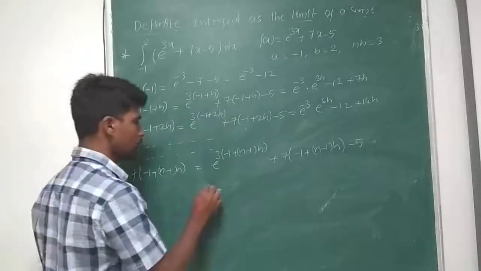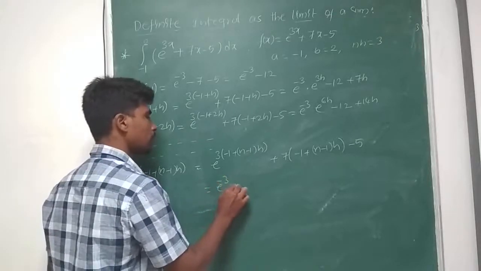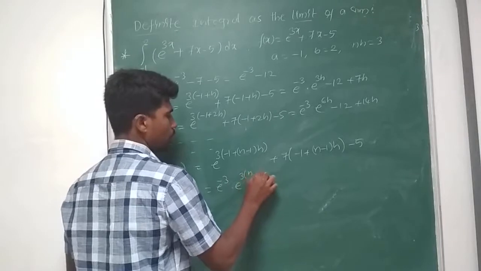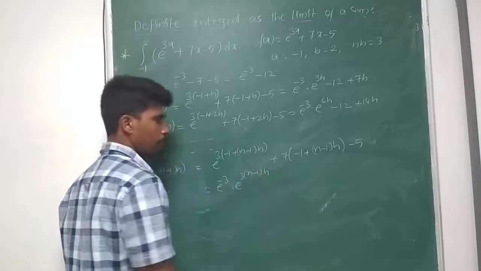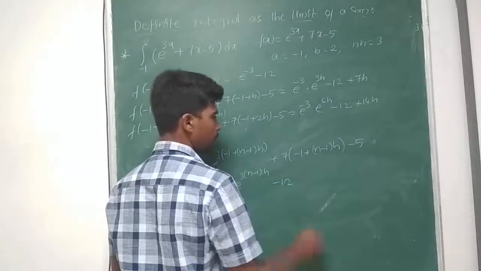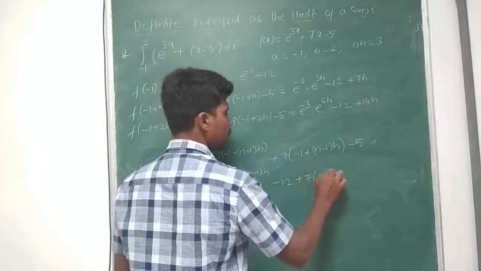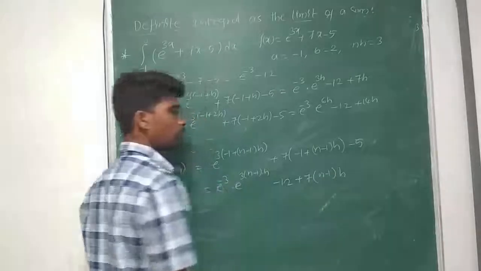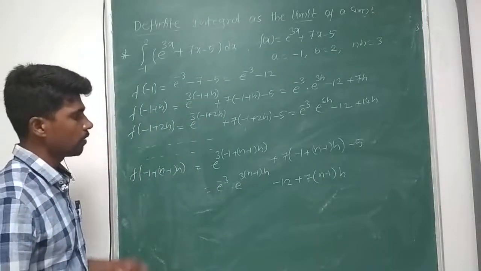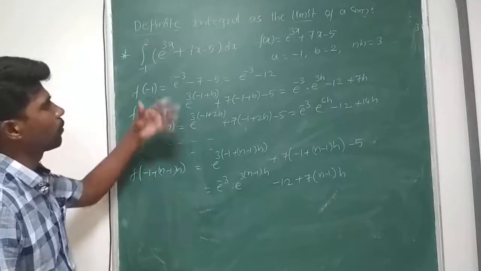For the simplification we get e power minus 3 into e power 3 into (n minus 1) into h, minus 7 minus 5, minus 12, plus 7 into (n minus 1) into h. So let us simplify. Now we have to substitute in the formula.